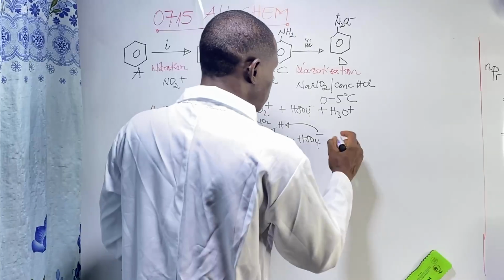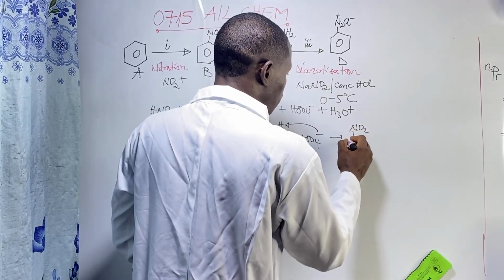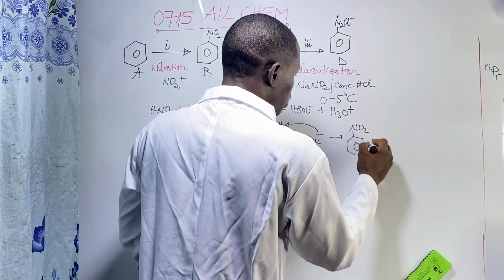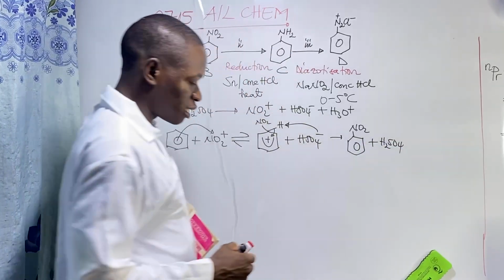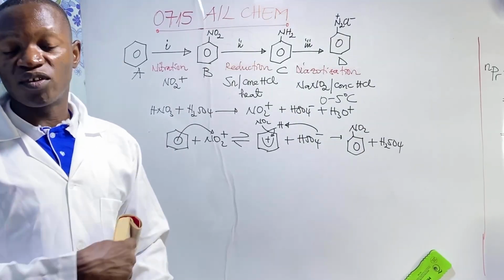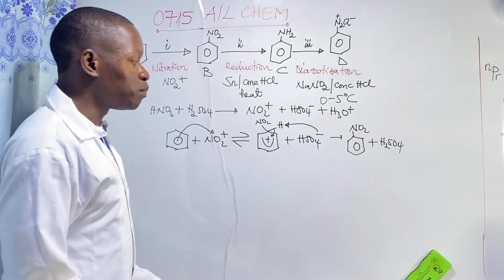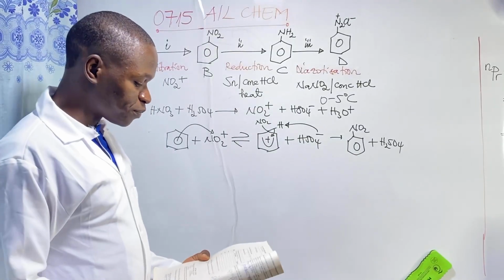When that happens, we have finally the hydrogen is going to leave and nitrobenzene is going to form, while sulfuric acid will be regenerated. So that is a mechanism for the nitration of benzene. The process takes place by electrophilic substitution.